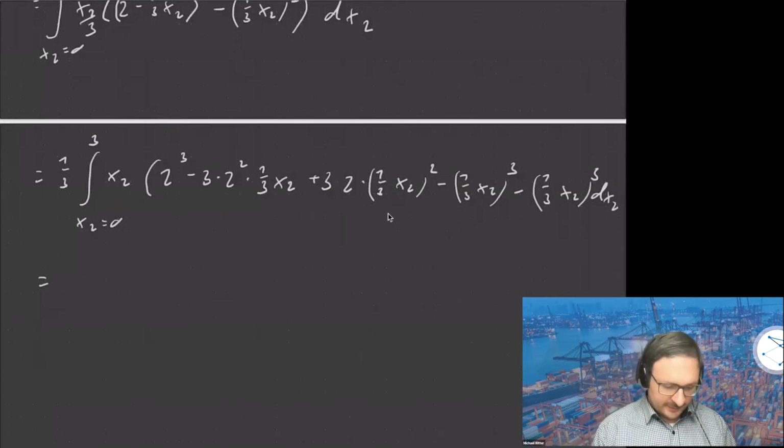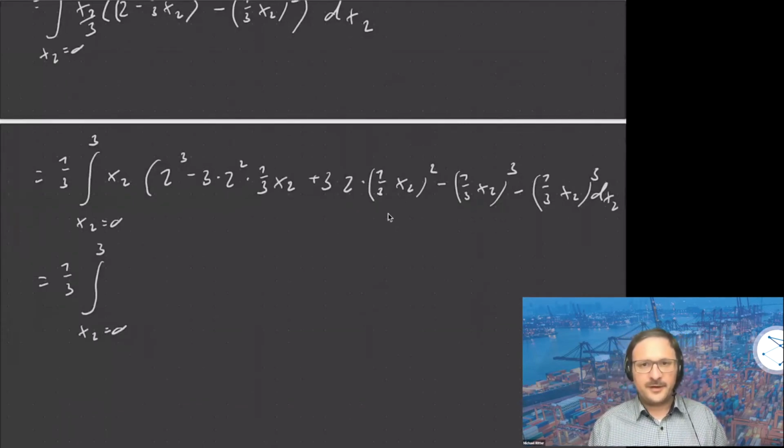Okay, so let's see what we can simplify here, if we can simplify something. Let's copy the integral once again. So what do we get here? Only constant that appears in here is this 2 to the power of 3. Everything else contains at least 1 x2. So we can't simplify anything there. That means we have 2 to the power of 3. That is 8 times x2. This is this x2 here.